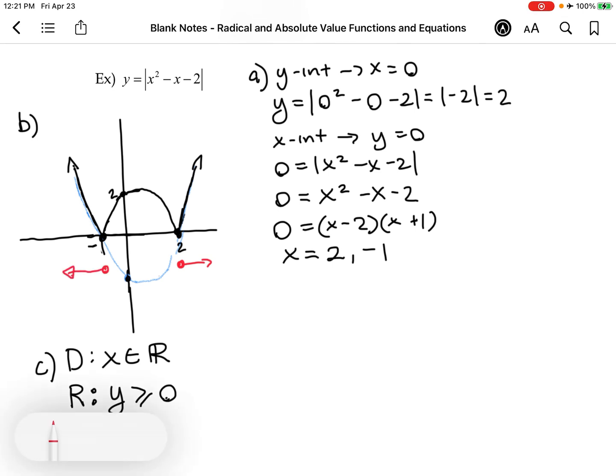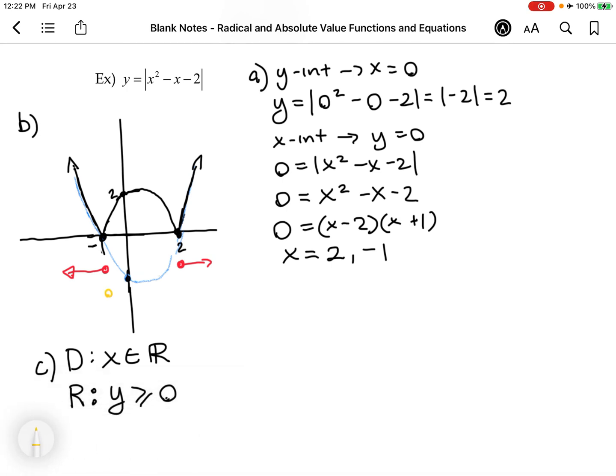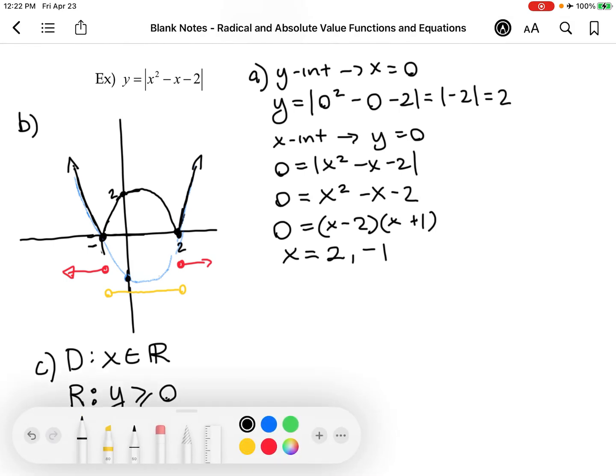Now, where is it less than 0? Not less than or equal to, sorry, just less than 0, here to here. So I have to put that into a piecewise function.